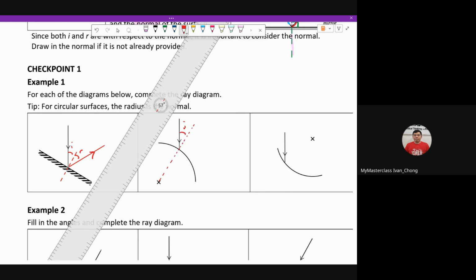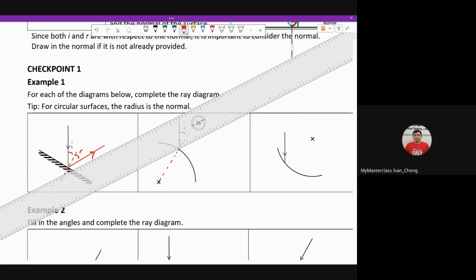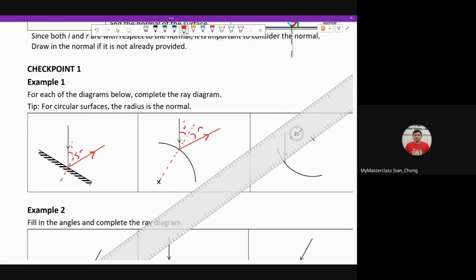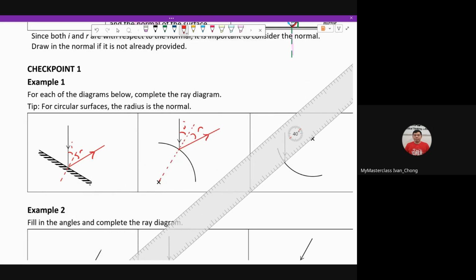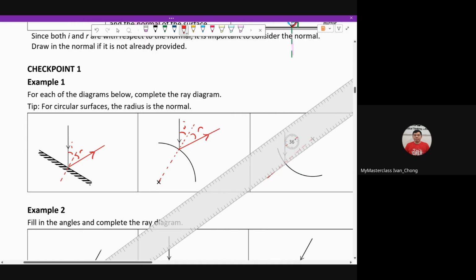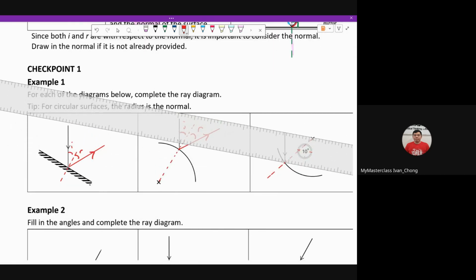So this will be I, and this one will be roughly, like I said, if you're not going to use a protractor to measure it, it should roughly look like I and R, they are roughly the same. So you do the same for the very last step, which is about here. 1, 2, 3, 1, 2, 3, 1, 2. So you can see roughly it is about like this. And we'll just continue from there.